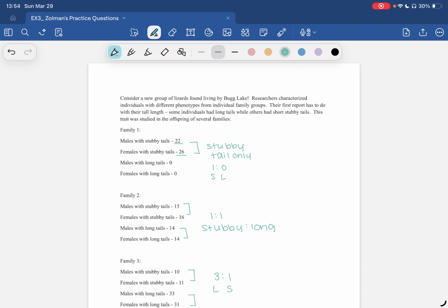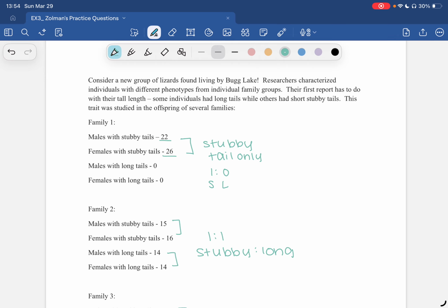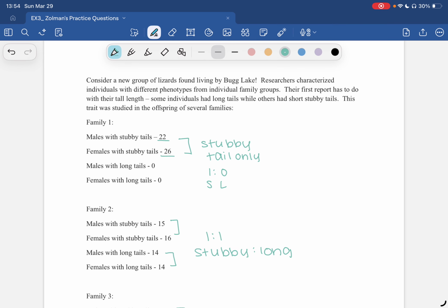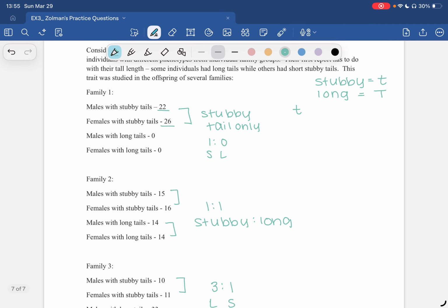Based on the families, we would say that stubby is recessive and long is dominant. I'm just using T, but you can use whatever letter you like. Based on the ratios of the families, stubby would be recessive and long would be dominant.